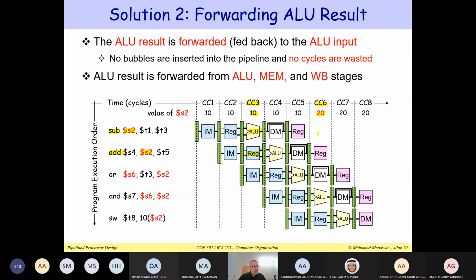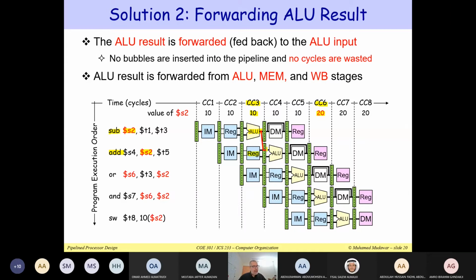But we're not going to wait until clock cycle number 6 to read it from the register file. I'm going to use the concept of forwarding. I'm going to take the result from the output of the ALU and feed it back to the input of the ALU.